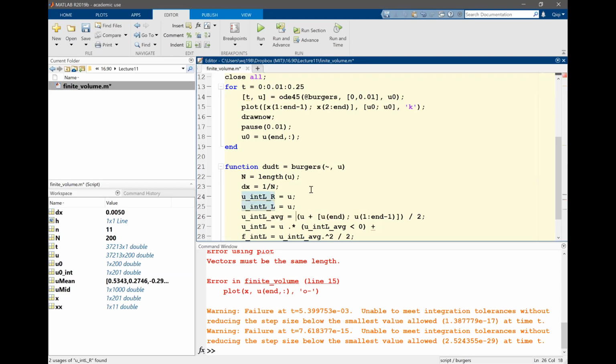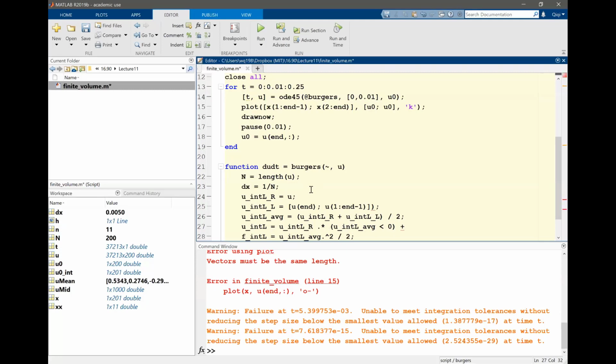What's lying on the left of the left interface is the left value. So now you can see that the average is U interface L R plus U interface L L. And now my U interface L is going to be my U interface L R times the average being negative.